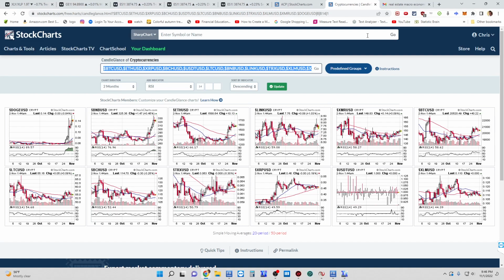And shorting strength: energy, real estate, gold, all those things that either trend continuing for weakness or that are in strength that could reverse, that are volatile, have a high beta, that could come down pretty hard. And then, of course, shorting the index. But that's pretty much it.